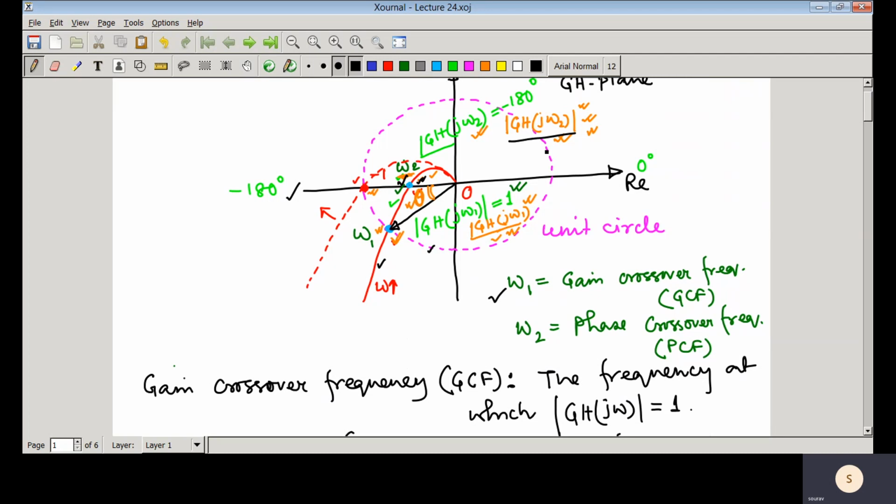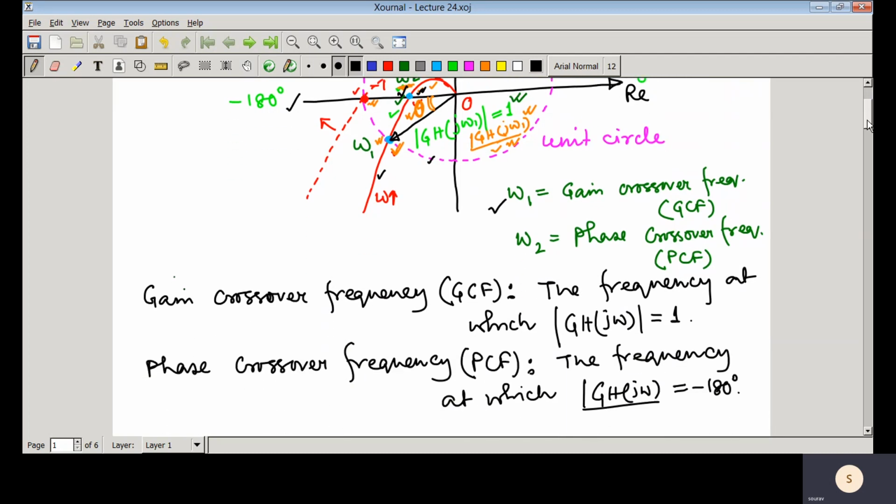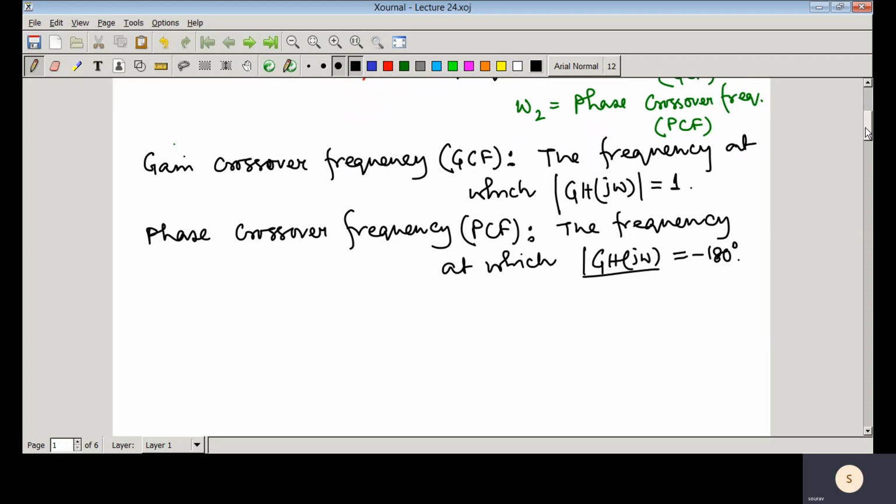That Nyquist plot would pass through the critical point. That means that system would be on the verge of instability. That means this is the gain. If we multiply that loop transfer function, then that system would be marginally stable. If we increase further, then that system would be unstable. So this particular gain is called the gain margin.